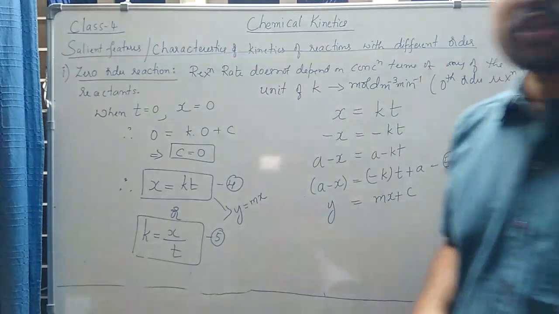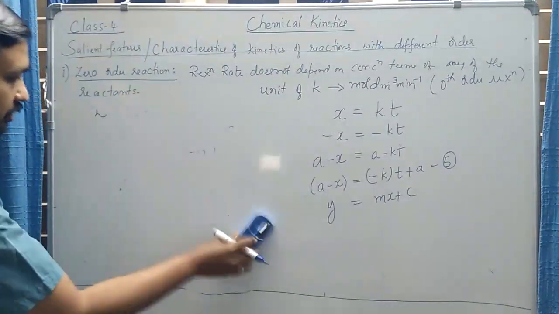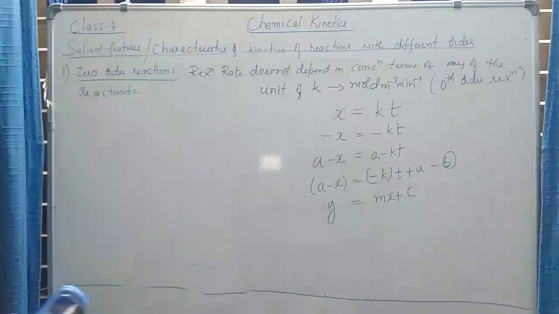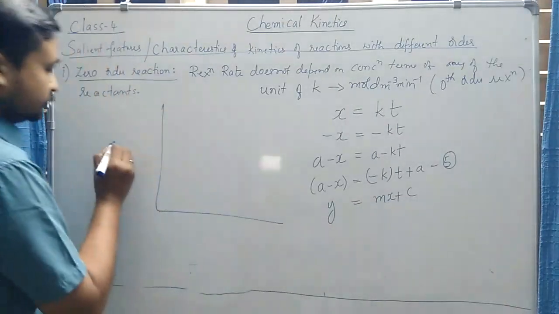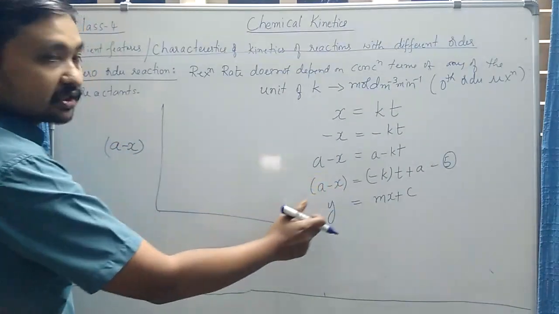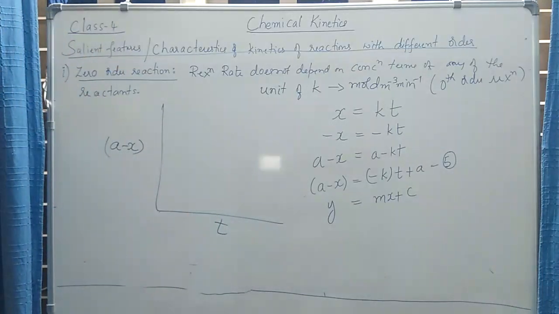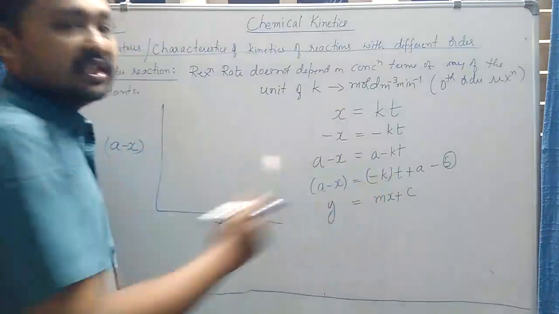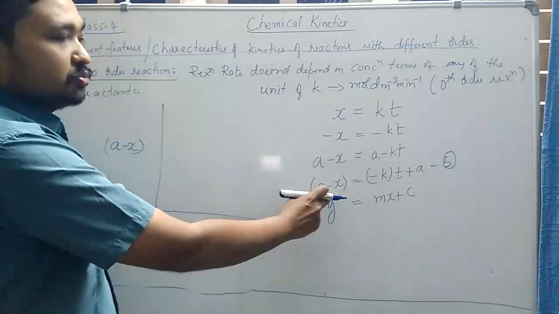So instead of plotting x versus t, you can now plot a minus x, that is your new y, versus t. If the reaction is zeroth order, it should follow this linear equation. In that case, a plot of a minus x versus t should be a straight line.